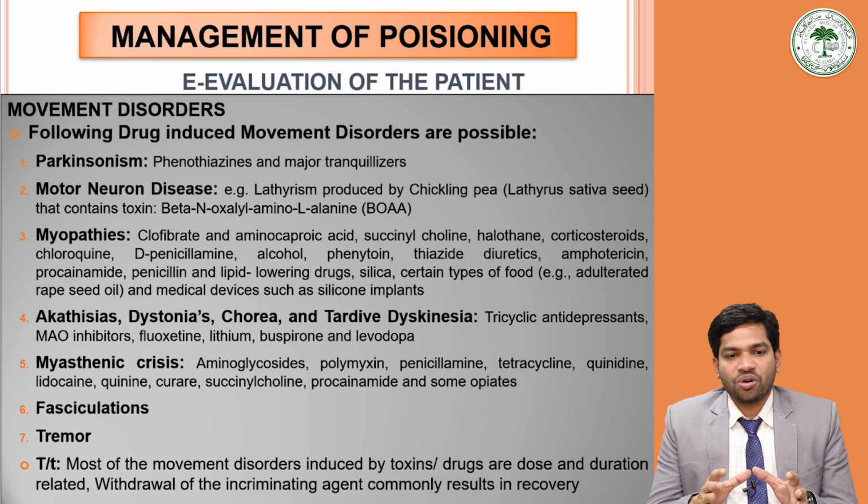The treatment of most of these movement disorders, that is Parkinsonism, motor neuron disease, myopathies, akathisia, dystonia, chorea, tardive dyskinesia, myasthenia, fasciculations and tremors, is basically the removal of the drug that is causing the effect. Withdrawal of the incriminating agent commonly results in recovery of the patients.